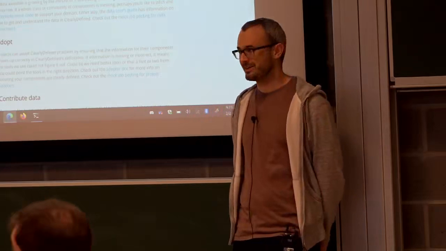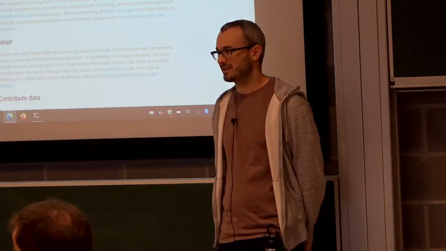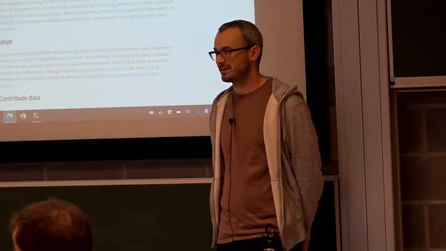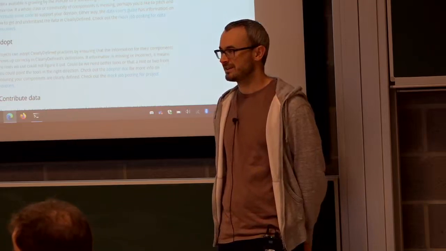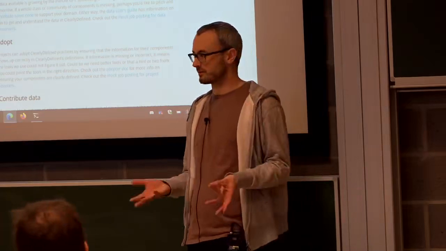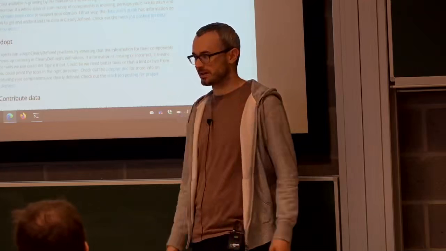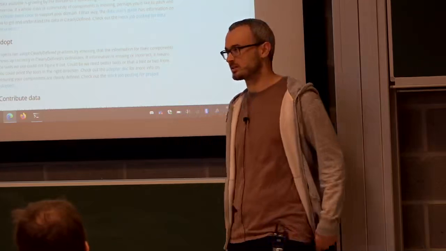Cool. Do you get sort of license conflicts? Do you find cases where one license actually has something in it that blatantly contradicts something that's in another one? And if so, how do you manage that situation? So, I'm going to repeat the question. The question is, what do we do about license conflicts? ClearlyDefined, the project doesn't really give you legal advice. It's mostly just trying to tell you what the licenses of the package is.